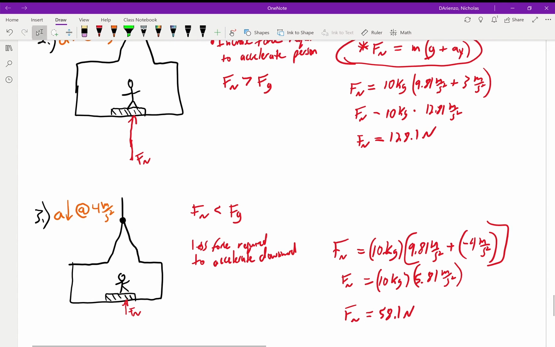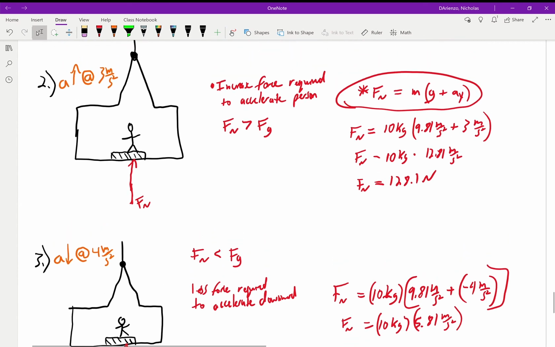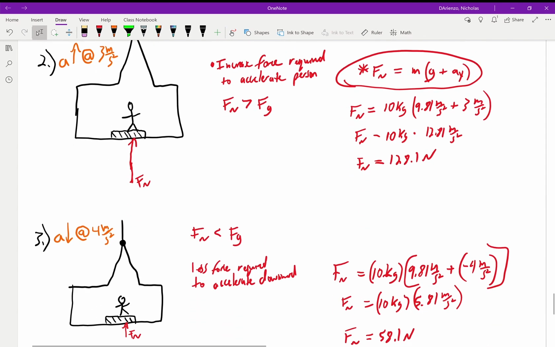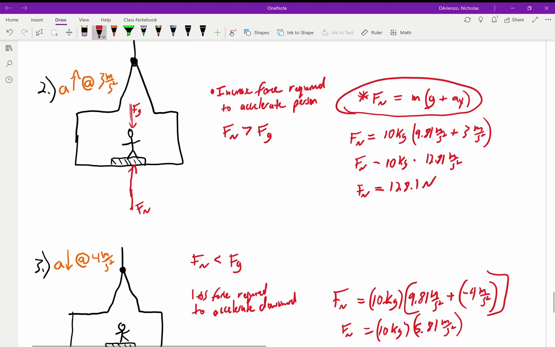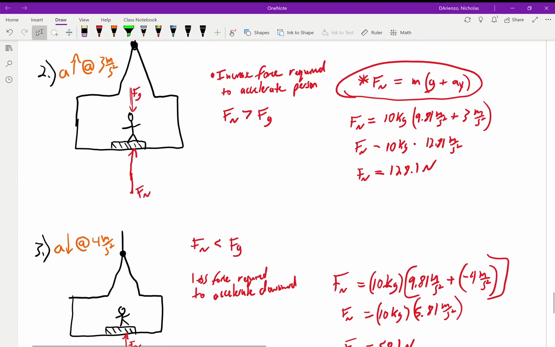So we can see that with the acceleration downwards, we're going to require a smaller force being applied up by that scale, and it's going to give us a lower reading. Accelerating in the upward direction is going to require greater force, and that's going to give us a larger reading on the scale in order to accelerate the weight of the person upwards.